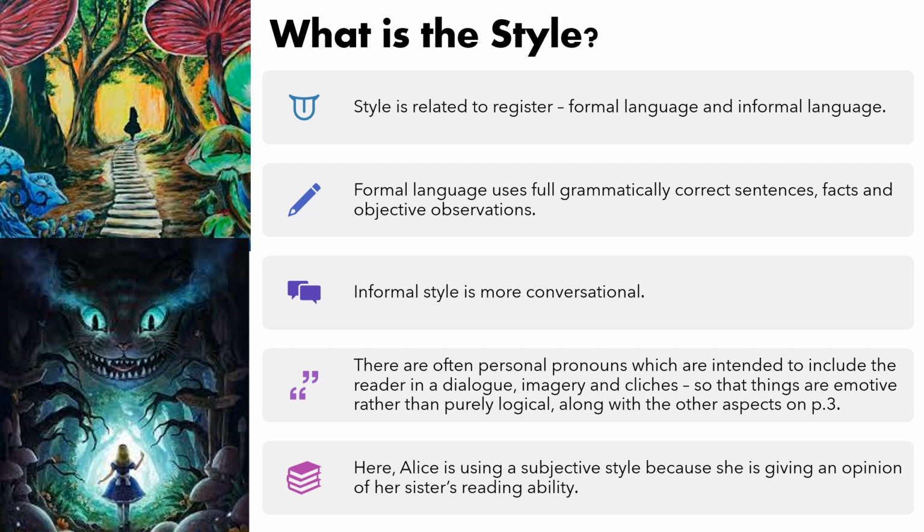It's not always objective. It's just that we're going to see more objectivity within the non-fiction texts, whereas in the fiction texts, it's going to be informal because we're following a story. There's going to be imagery, there's going to be contractions, there's going to be all sorts of things that show informal register, colloquial, subjective style.